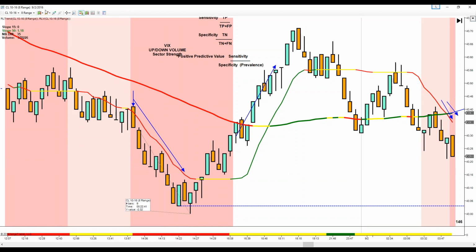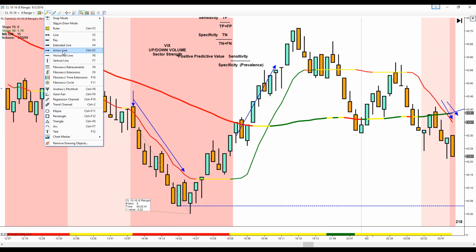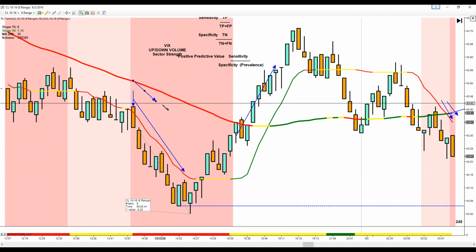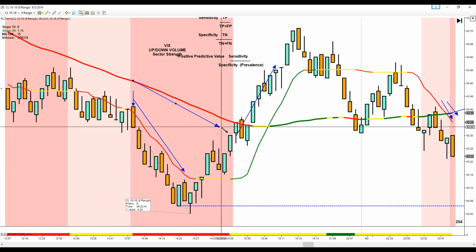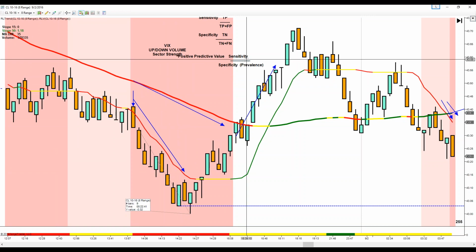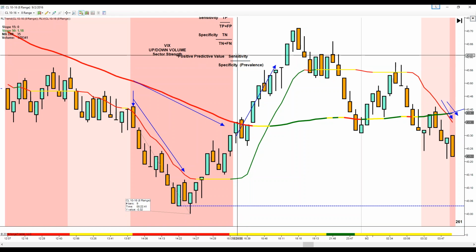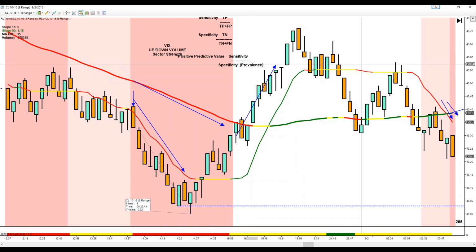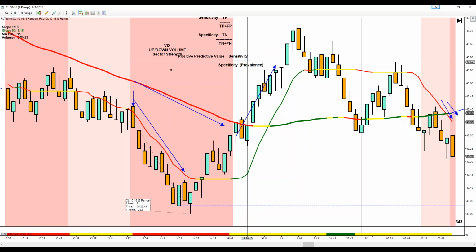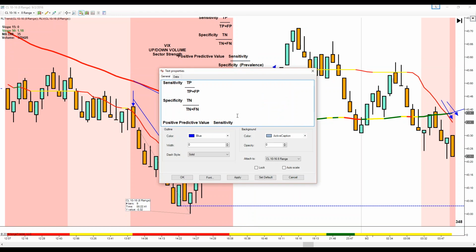So if you trade a choppy market or your software does not define chop, irrespective of the sensitivity and specificity of your trading entry, prevalence goes to heck. And when you multiply these times prevalence, you wind up with a positive predictive value that's lousy.